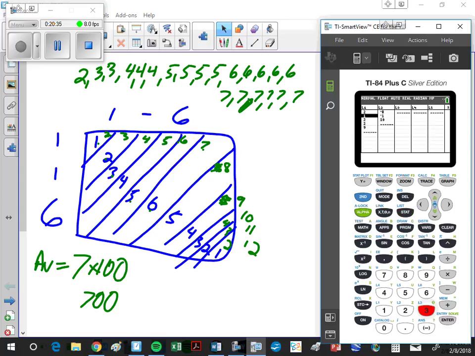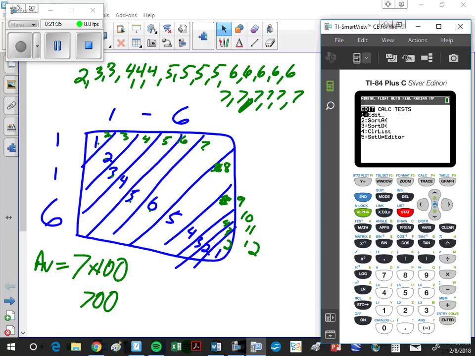So 2, 3, 3, 4, 4, 4, 5, 5, 5, 5, 5, and now 6 sixes, and then 5 eights, and then 4, and then 3, and 2, and then a 12.